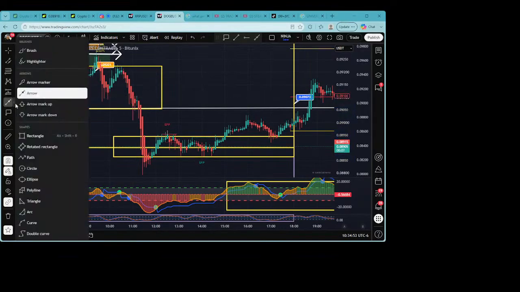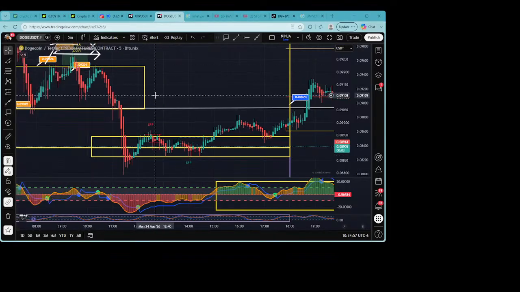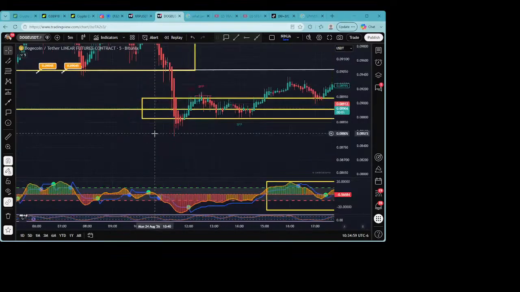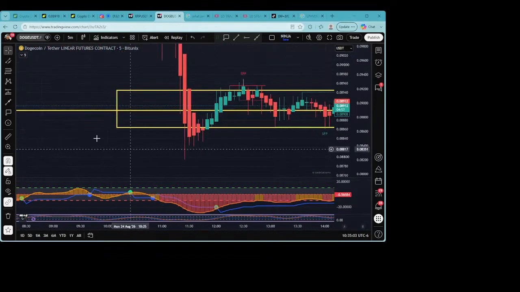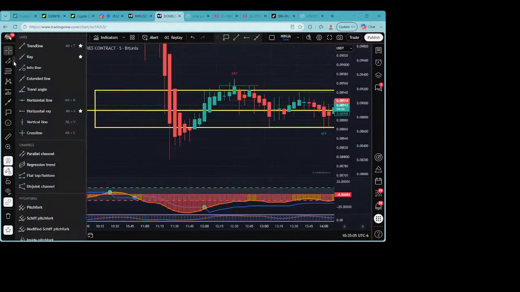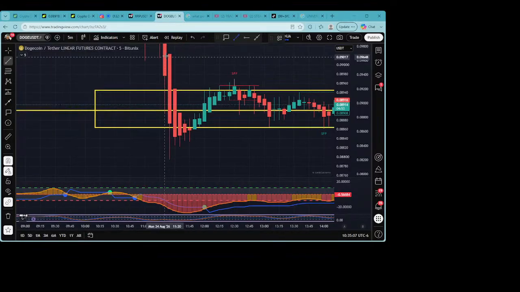So once there's a breakout, the ideal would be you would get, and she does a trend line. So it would look like this. When there's a big candle down and then it sets up, she puts a trend line on those candles.